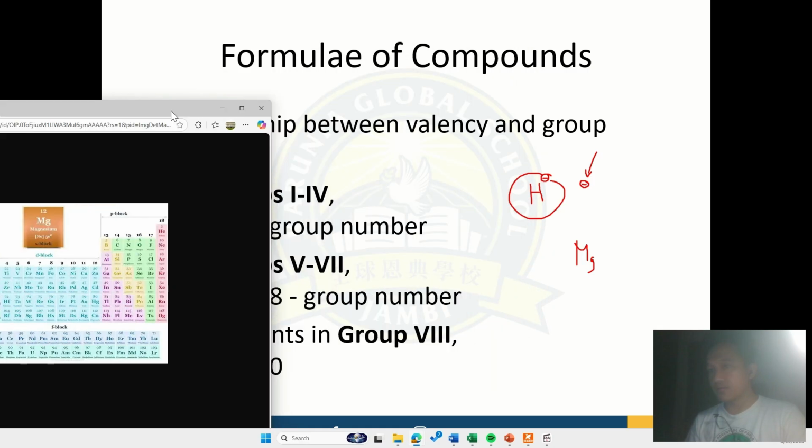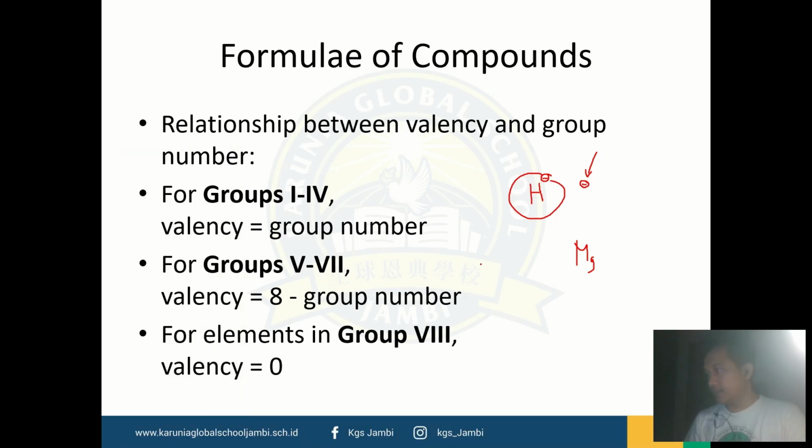Okay, now using this, magnesium has the atomic number of 12. That means in the first shell it has 2 electrons. In the second shell it has 10 electrons.